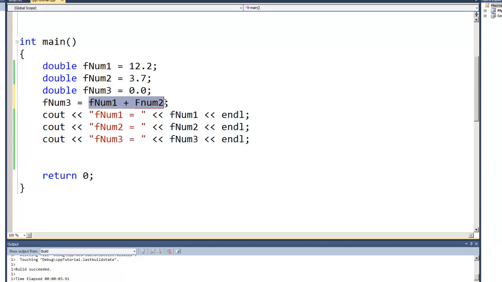I'm going to put this calculation inside the quotes, so we'll actually see what calculation it was doing.